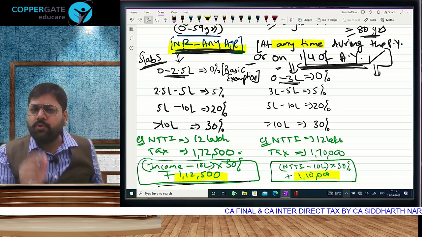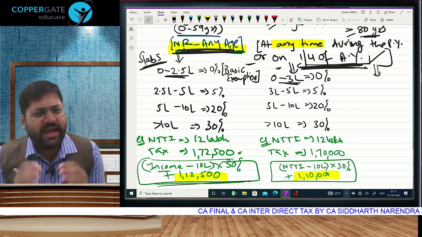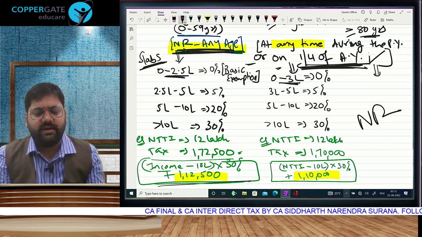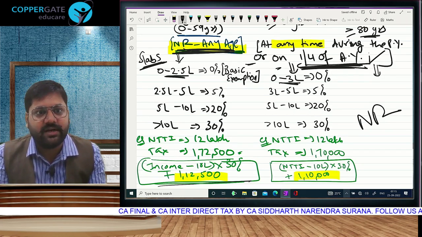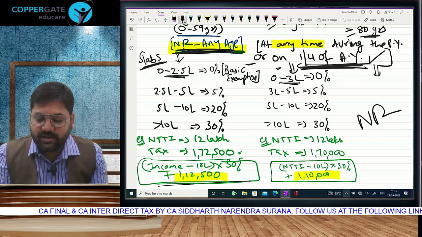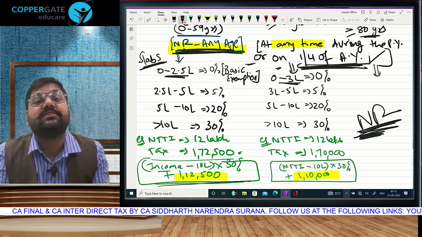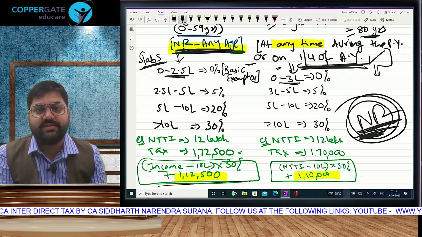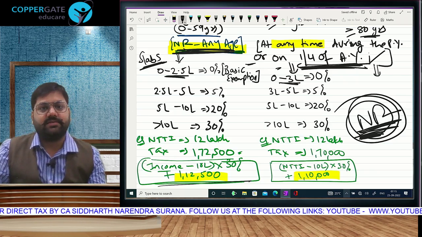The moment you come across any tax provision, any section, any chapter where the assessee is a non-resident. Sometimes the assessee will be non-resident in income tax, if there is income earned in India. That means you are learning international tax ka provision. Any tax provision applicable to non-resident means a syllabus of international tax.